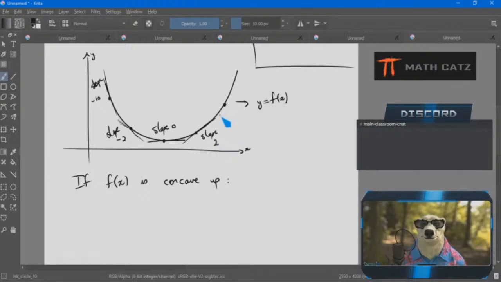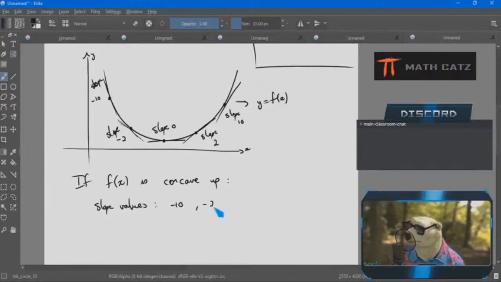Let's say it's slope 2. Just examples, right? The one on the right here, it's a little steeper, but positive. Let's say its slope is 10. Just examples. So, in this situation, I have slope values among many others. They go -10, -2, 0, 2, 10, and of course they keep going, and there's stuff in between and whatever.